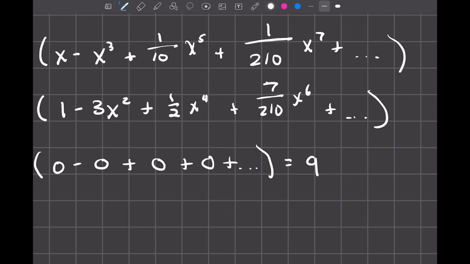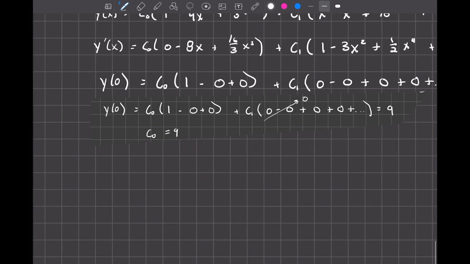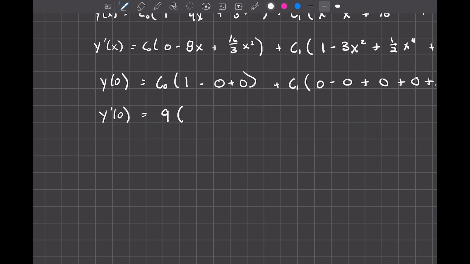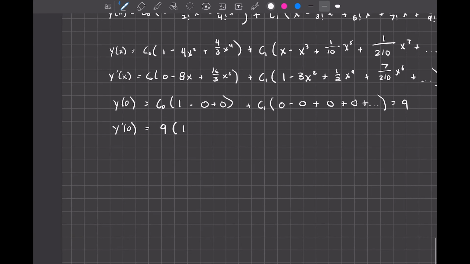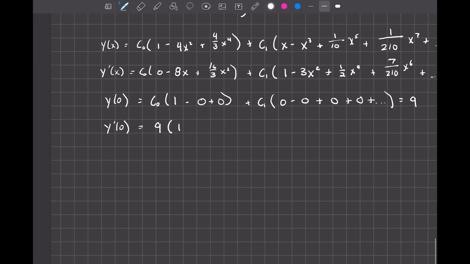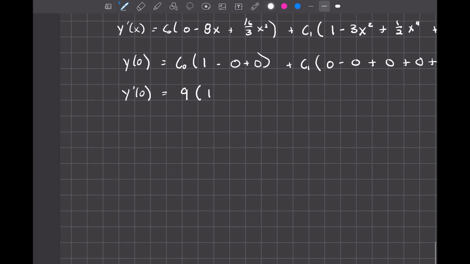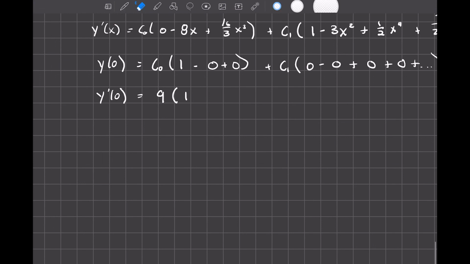And that will all equate to 9, because everything will turn to 0, so that will equal 9. So now plugging in y prime of 0, now that we know c sub 0 is 9, we can plug that in and plug in all the zeros and solve for c1.